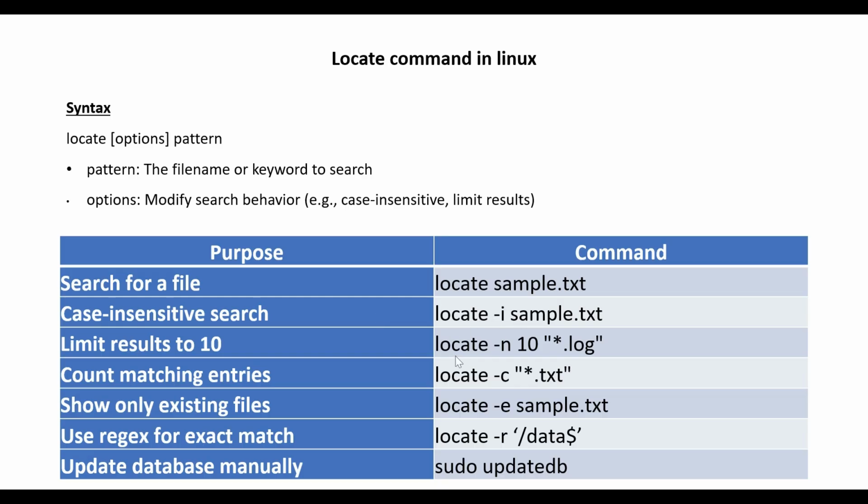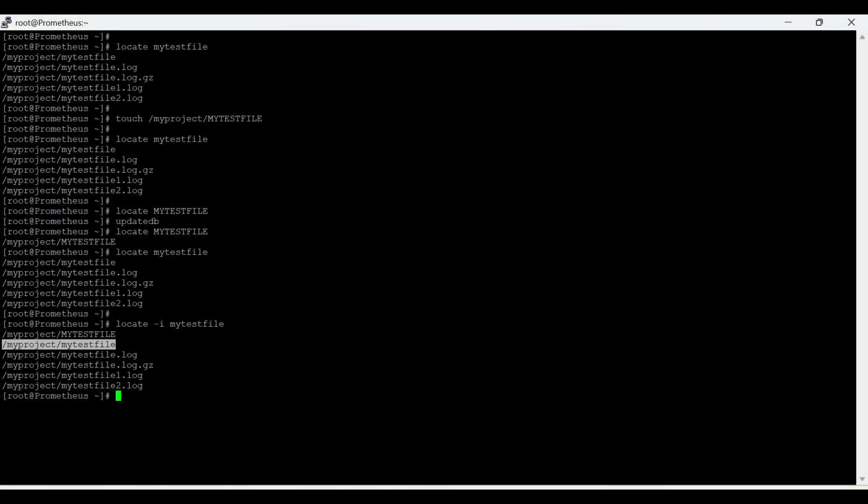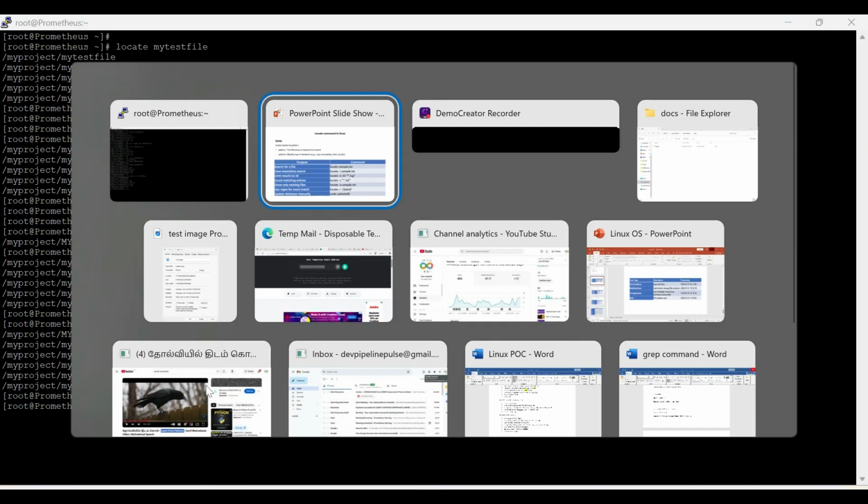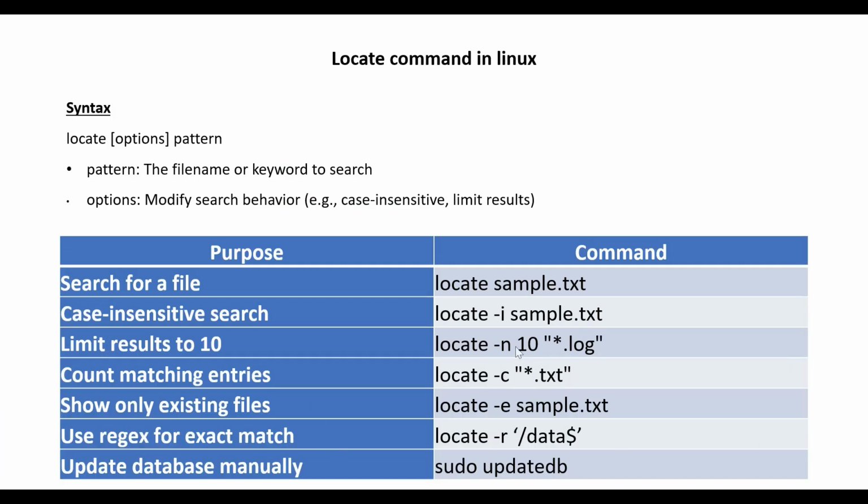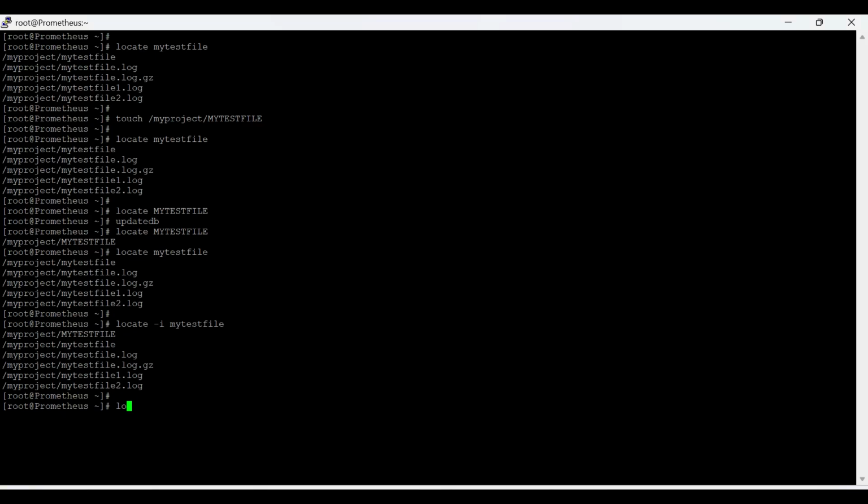Same, if you want to limit the result output, correct? Here we have how many outputs? One, two, three, four, five, six outputs we have. If I want only two files, you can use the limit option, which is -n. So locate -n 2. Only 2 is enough for me.